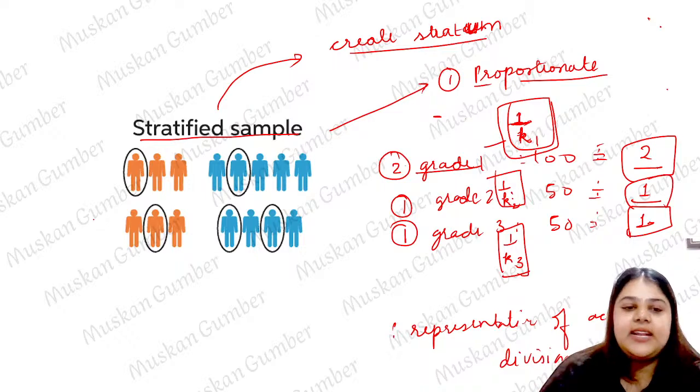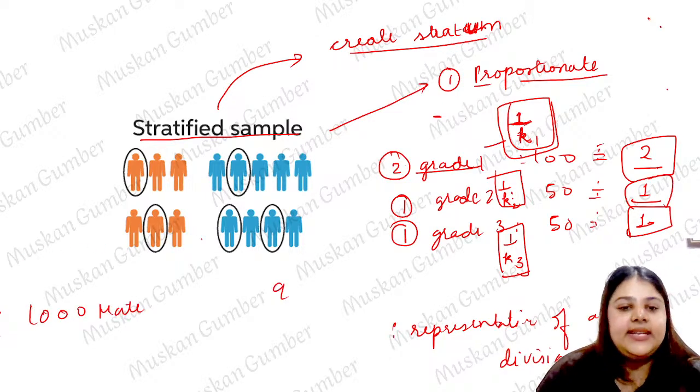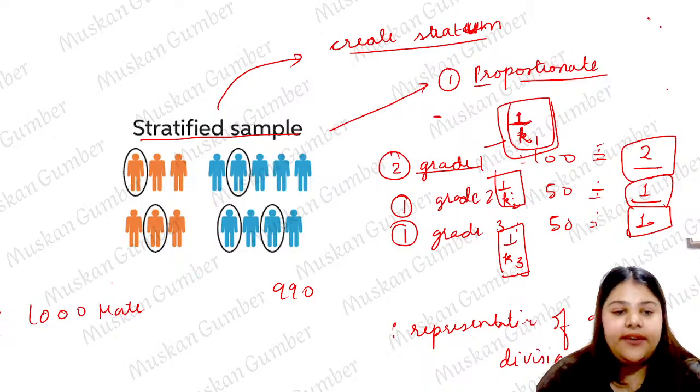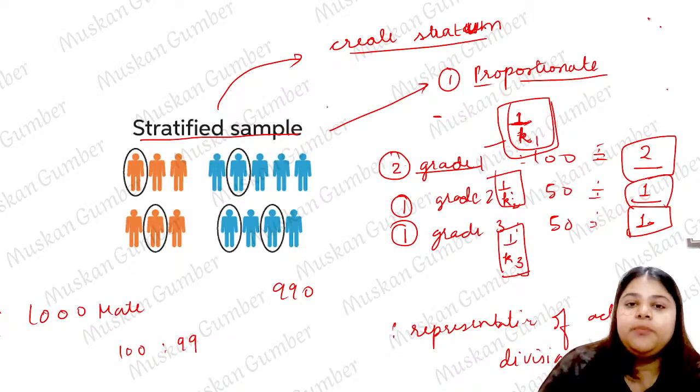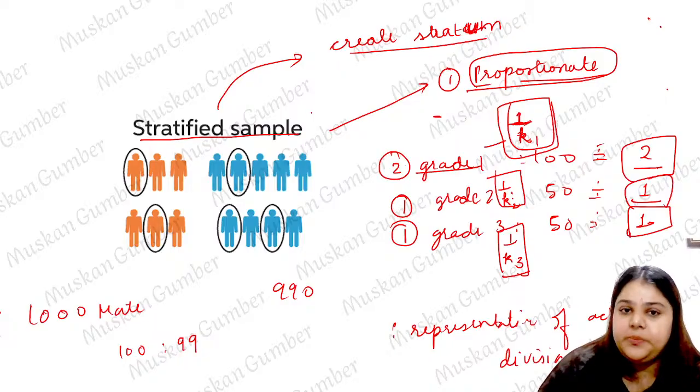For example, if there are 1000 males and 990 females, I will say there will be a 100:99 ratio between male and female. So now this is representative of the actual division of these strata in the population. This is proportionate stratified sampling.